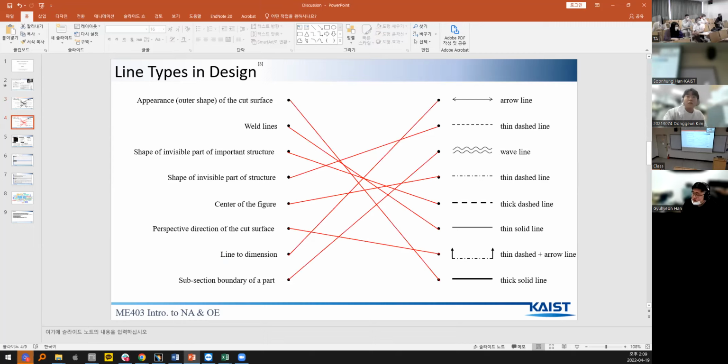So the preceding lines are some of the lines used in the design. If you want to understand design drawings, you will need to know more line conventions. And since CAD is mainly used these days, lines are sometimes represented with various colors.